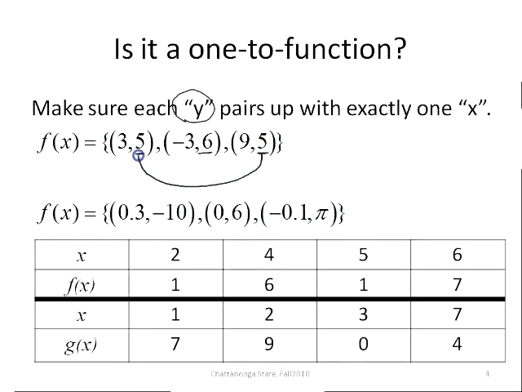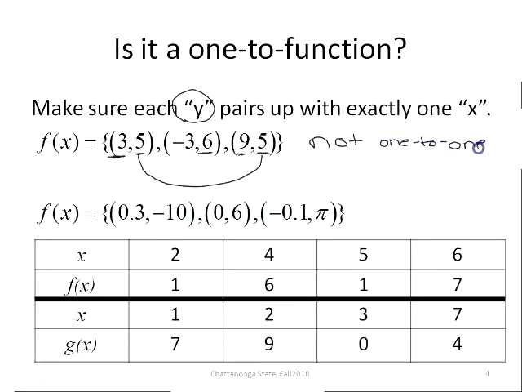Since these y values are equal, I have to look at the x values that go with them. Here I have an x of 9, and here I have an x of 3. So because these two x values are different, we say that this function is not one-to-one.